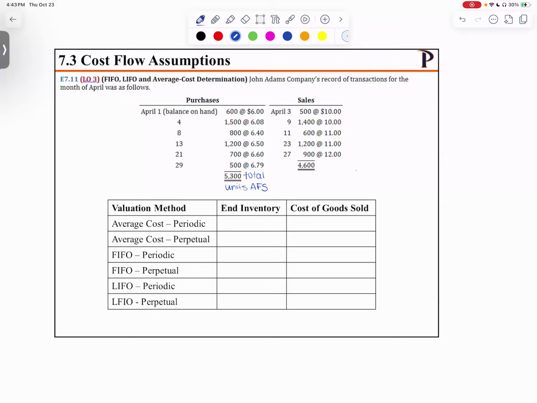If we multiply out the number of units times their unit price and add all of that up, we get a total cost of goods available for sale of 33,655.